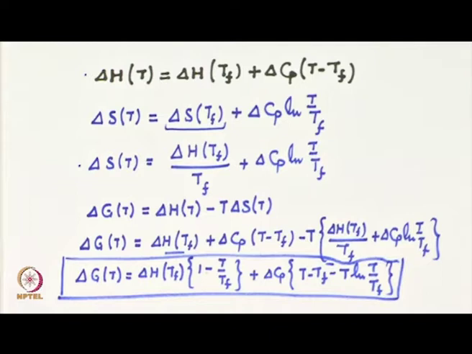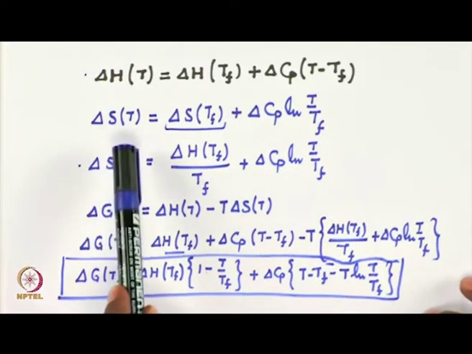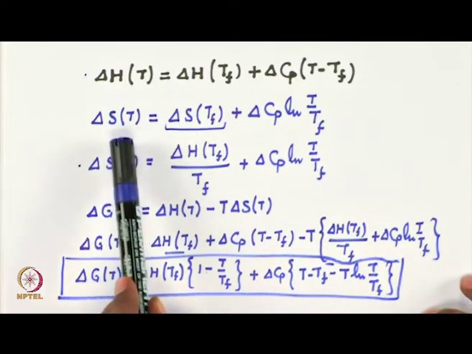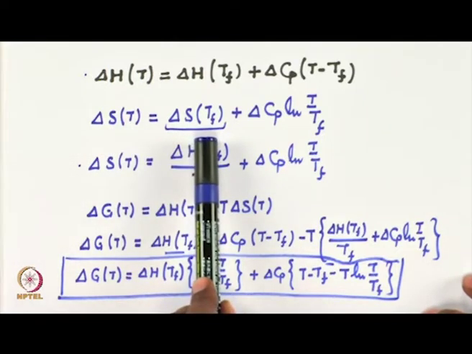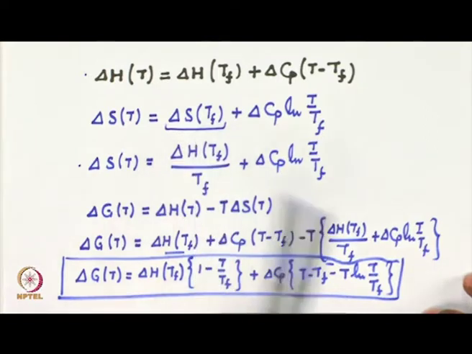Now, please remember that we are talking about this T being minus 5 degrees Celsius and this being the freezing point, right. So, we have to calculate delta G, which is obtained from freezing of supercooled water at minus 5 degrees Celsius. It is a freezing of water, right.